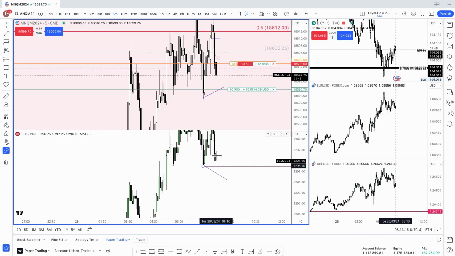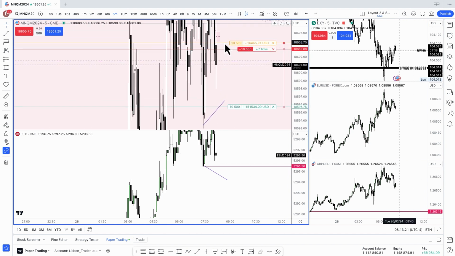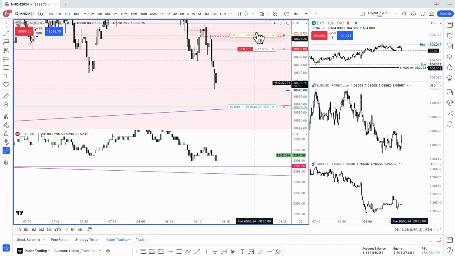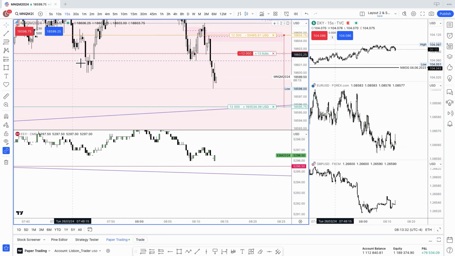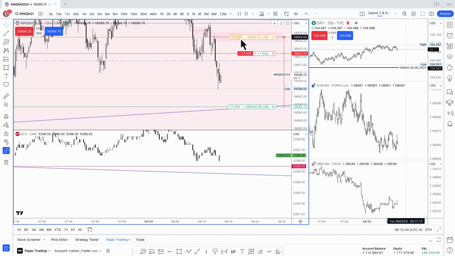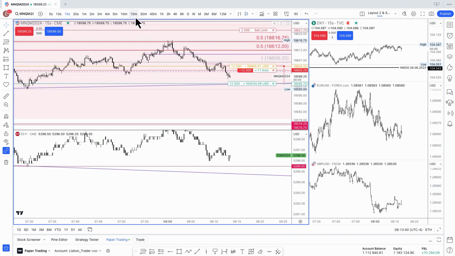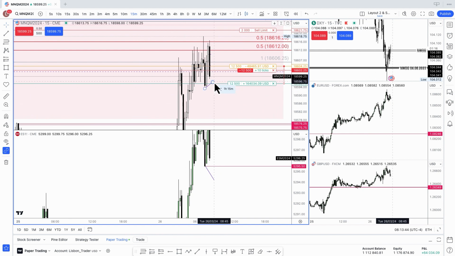So let's see if we have SMT on ES or NQ. NQ is pushing higher to go for stops. My 50k position again from that level. There. Here. So let's see.